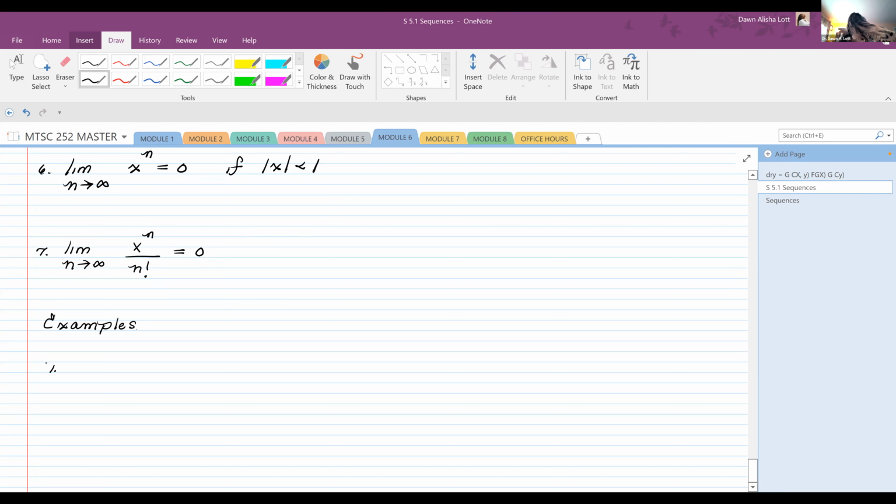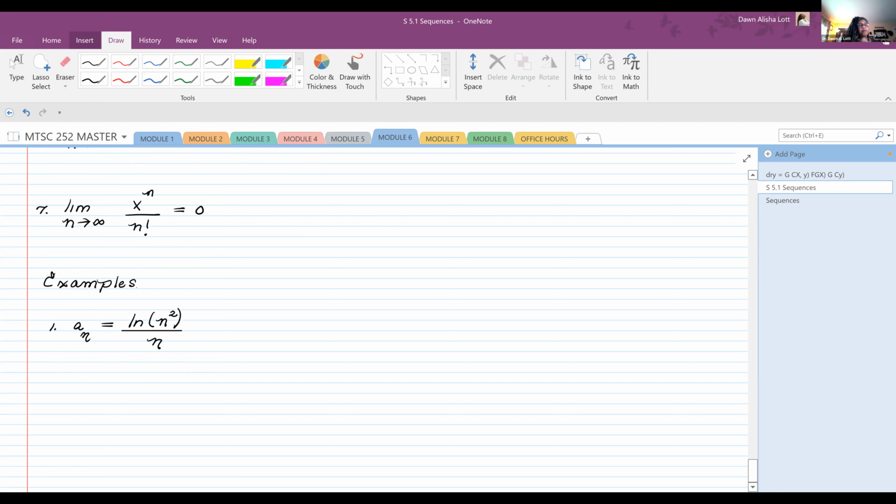Number 1, a_n is the sequence of terms, the log of n squared over n. Now that looks difficult. We could use L'Hopital's rule.